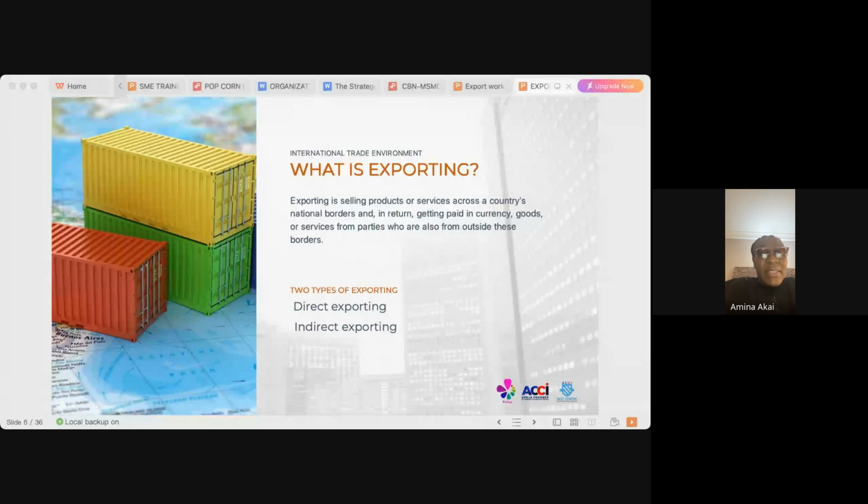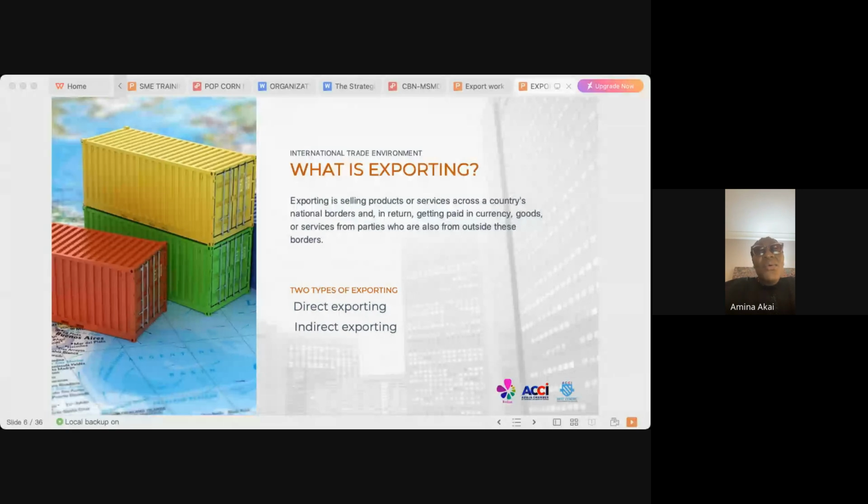There are two types of exporting: direct and indirect exporting. Examples of exporting of goods, like Tinu had mentioned earlier, is when you send your goods, say products like food products, cosmetics, and commodities.